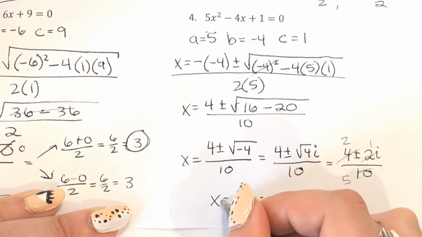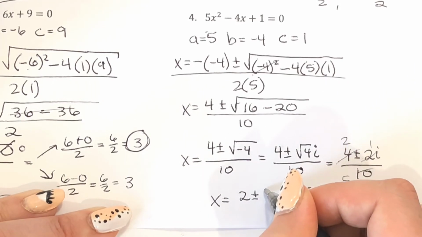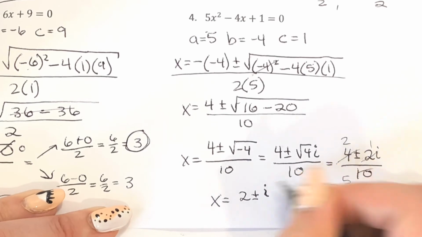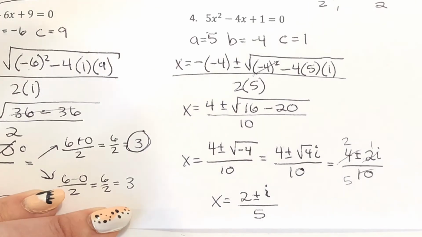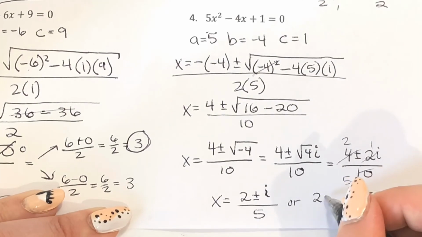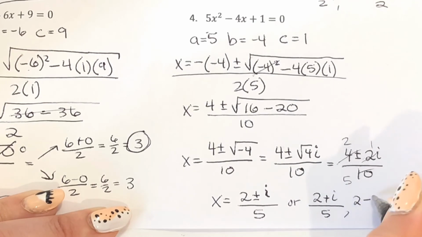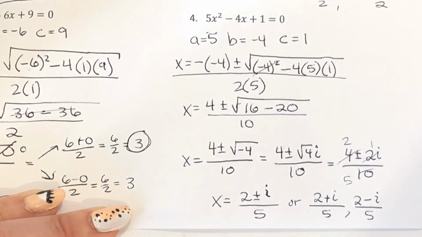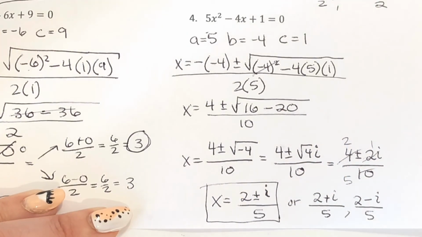So we're going to have x is equal to 2 plus or minus 1i, and you don't really need the 1, you can just put an i over 5. And so you can write it just as one solution like that with the plus and minus together, or you can break it up and do 2 plus i over 5, comma 2 minus i over 5. And either works. Most people are lazy though, and we'll just write it this way so we don't have to write it twice. But that was just another one with imaginary numbers.